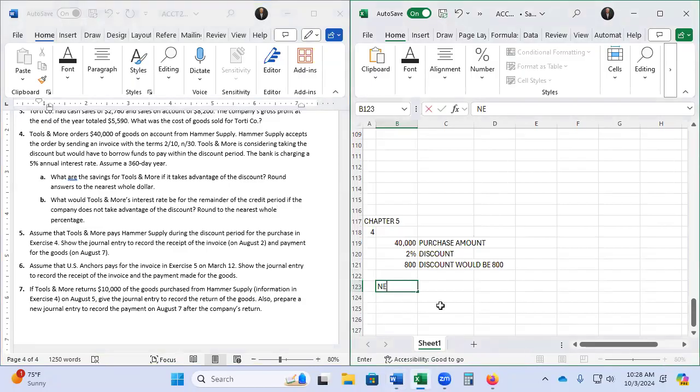Okay, so the net borrowing would be 40,000 minus the 800. You have a 5% rate.